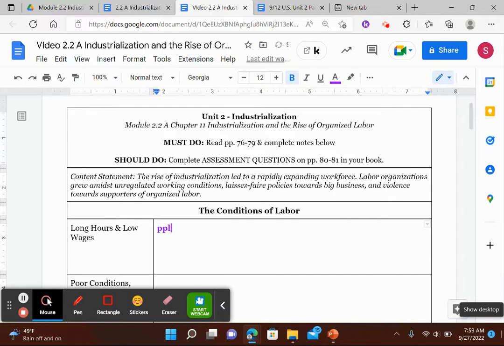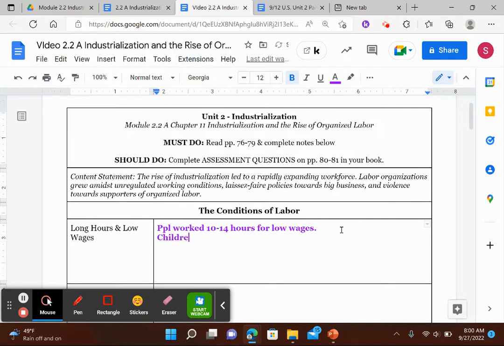So I'm going to say people worked 10 to 14 hours for low wages. Children, immigrants, and women paid less.